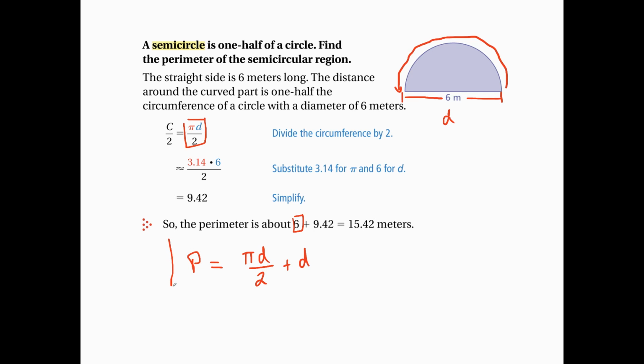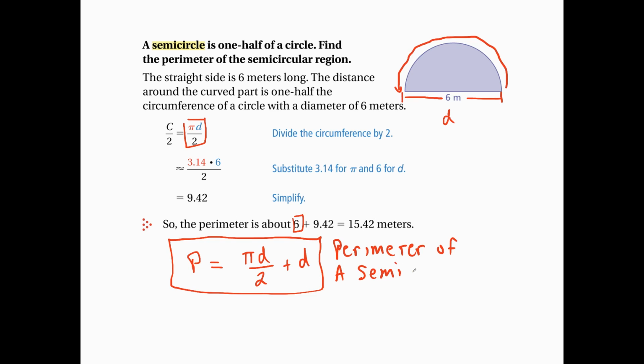So this is a formula that you can use to find the perimeter of a semicircle. So I'm going to stop the video so you can write that down. This is for the perimeter of a semicircle. All right, I'll stop the video now so you can write that formula down.